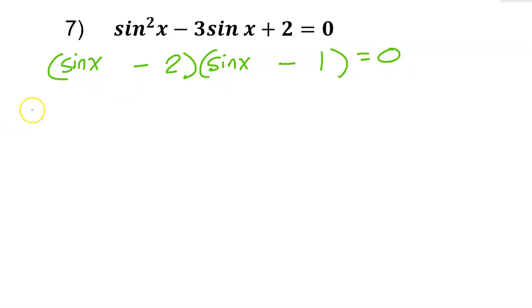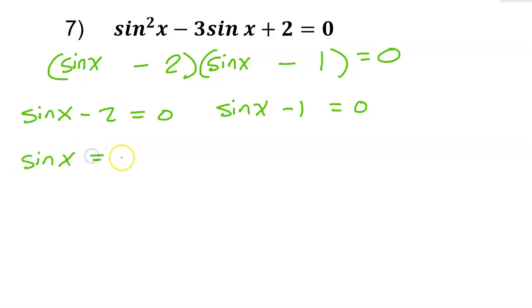So we can get solutions by setting sine x minus 2 equal to 0, and we can get more solutions by setting sine x minus 1 equal to 0. We just need to solve both of these separately. Adding 2 to both sides, we get sine x equals 2. Adding 1 to both sides, we will get sine x equals 1.